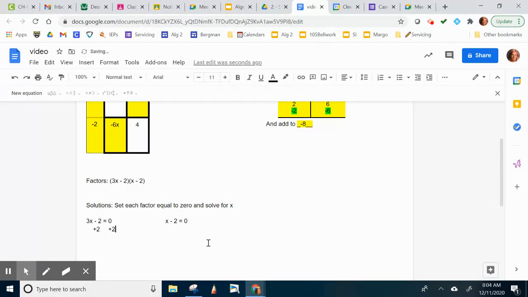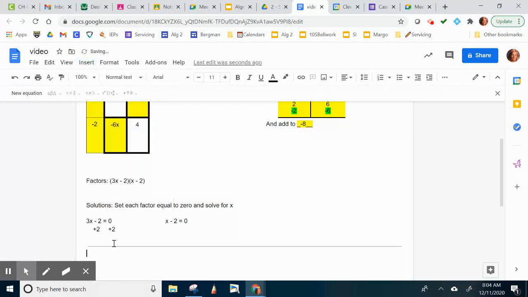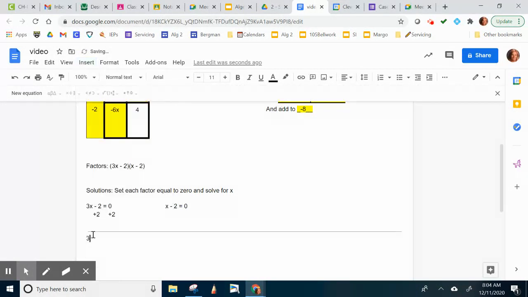And let's insert a line so it looks more like an equation. So I'm left with 3x. The minus 2 plus 2 cancel out. 0 plus 2 is 2. I'm going to divide both sides by 3 because I want to get x by itself. I'll insert another little line there.